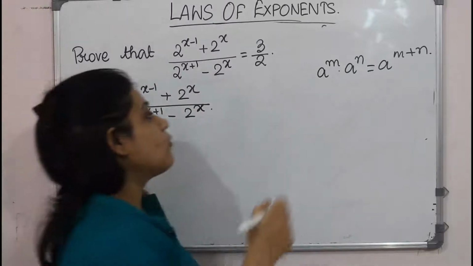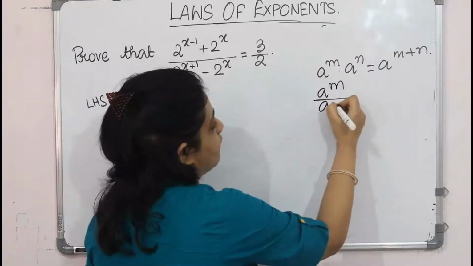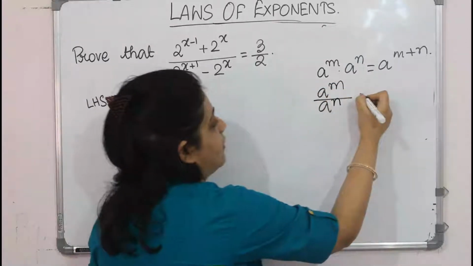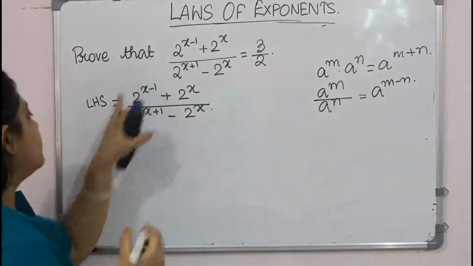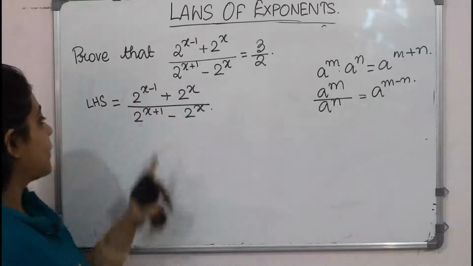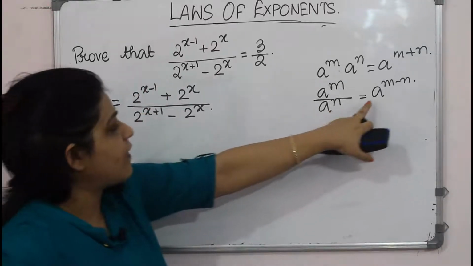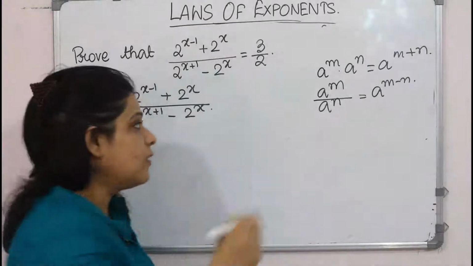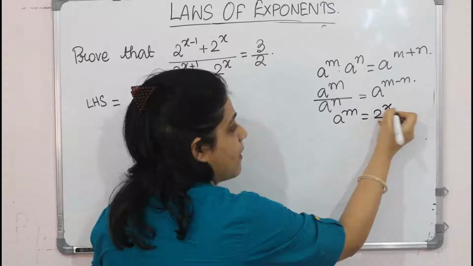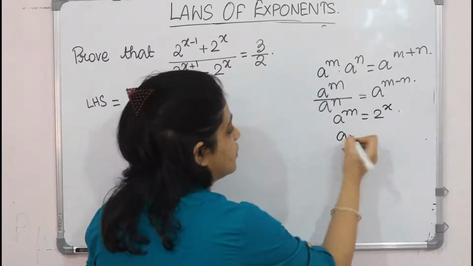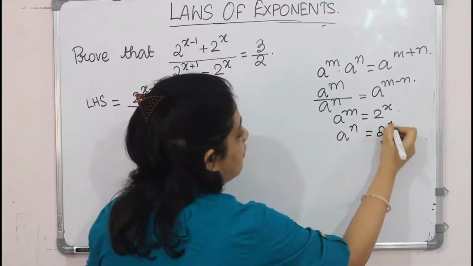Okay, so along with this formula, another formula that will be used: a to the power of m by a to the power of n equal to a to the power of m minus n. Now come to this first term. Is it of the form a to the power of m minus n? Where a to the power of m we can write as 2 to the power of x, and a to the power of n we can write as 2 to the power of 1.